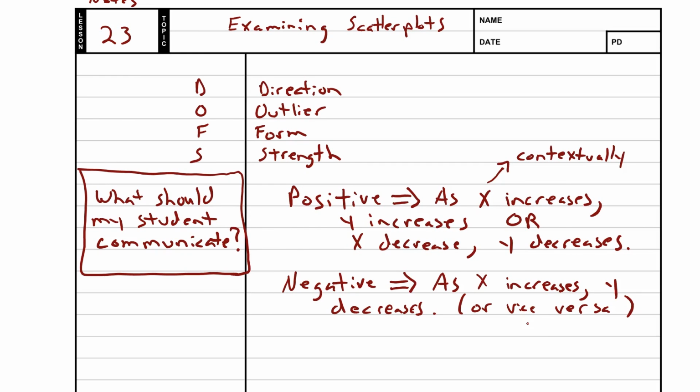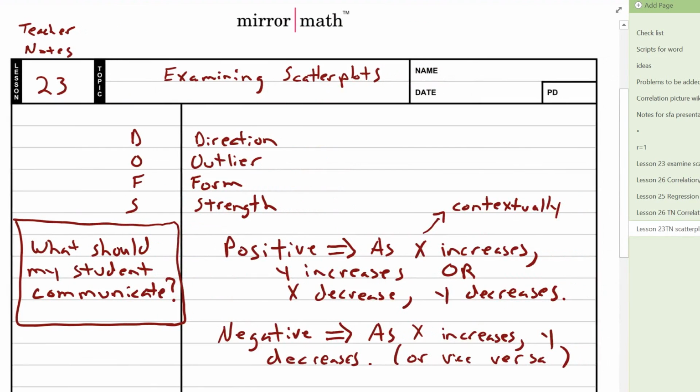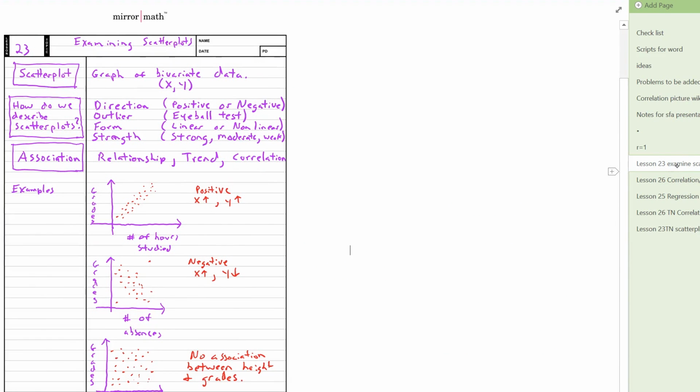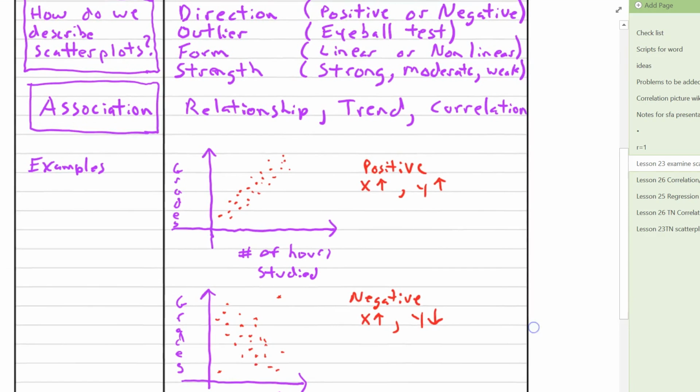Let's look back at our notes from the student notes and talk about these two interpretations. In our first example here of number of hours studied and grades, we want the students to be able to say that this is a linear positive trend, and it looks pretty strong.